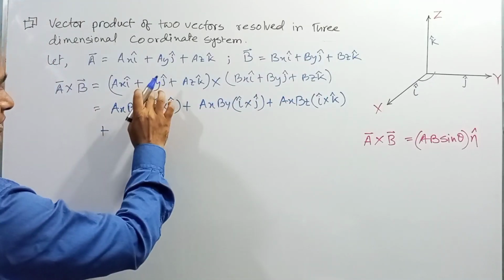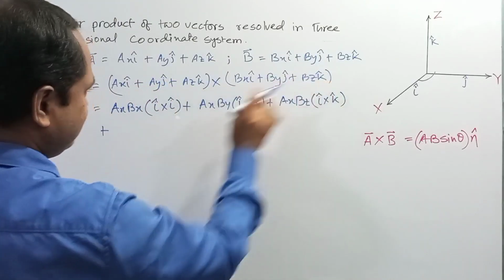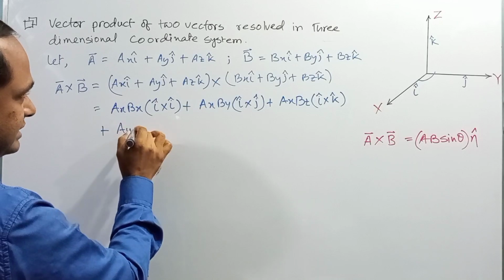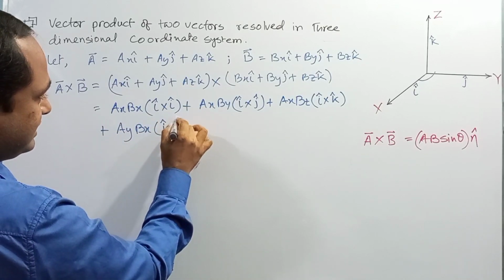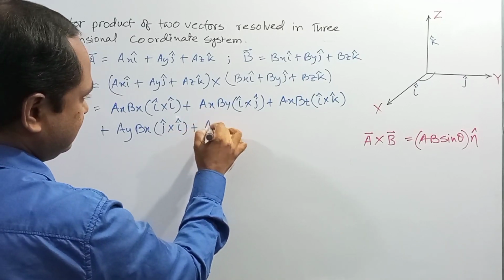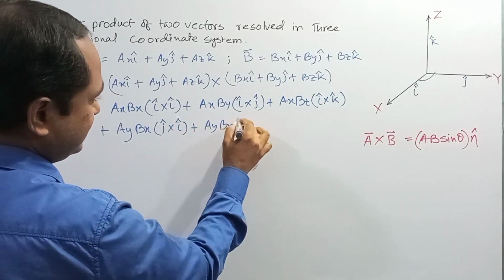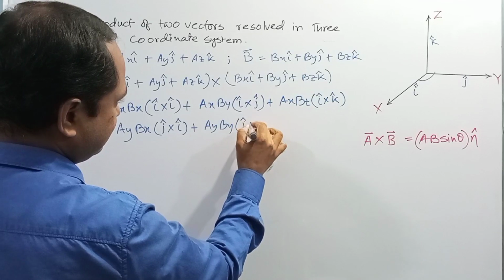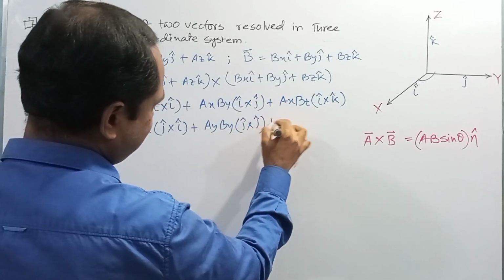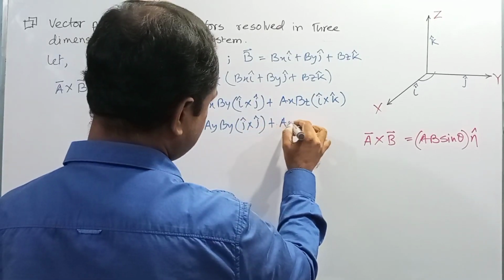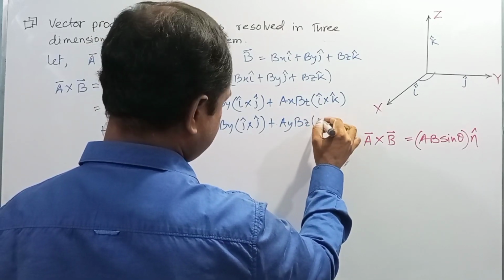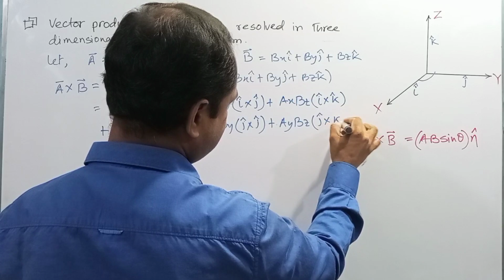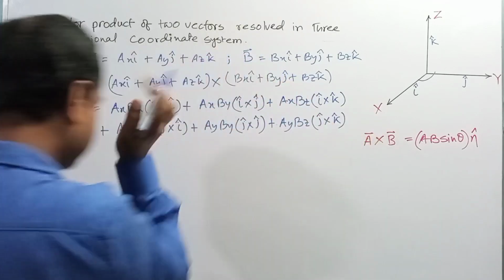Now ay will be multiplied with these three components, so ay bx, j cross i, plus ay by, j cross j, plus ay bz, j cross k, right?